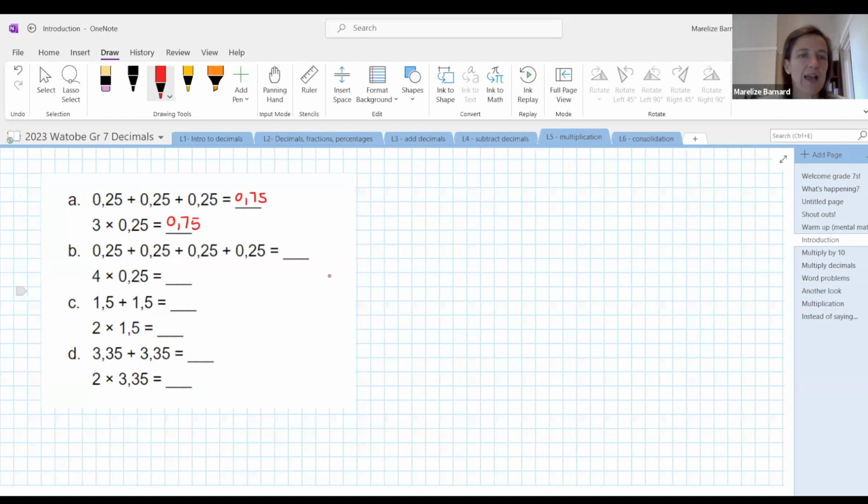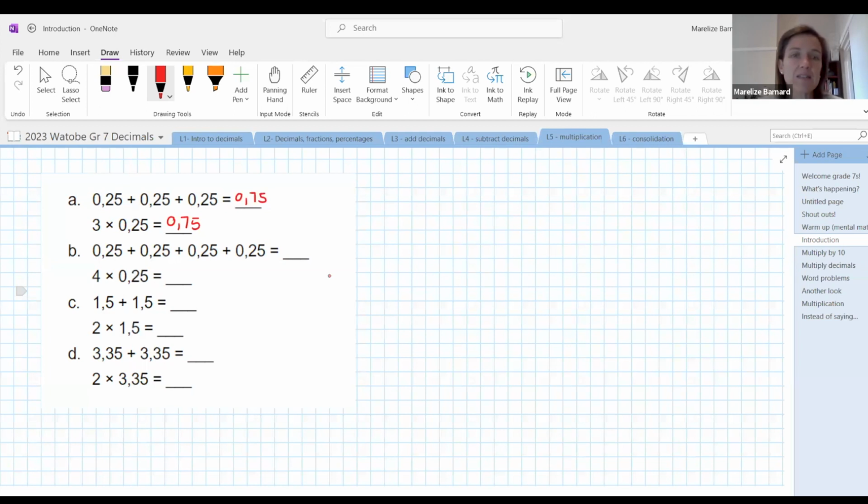So if I add 0,25 together 4 times, what do I get for question B? Put your answers down, guys. We are adding 0,25, not 25. 0,25 plus 0,25 plus 0,25 we said was 0,75.